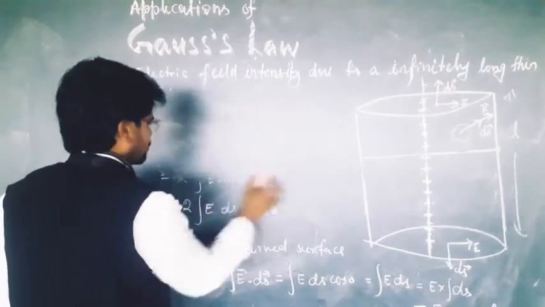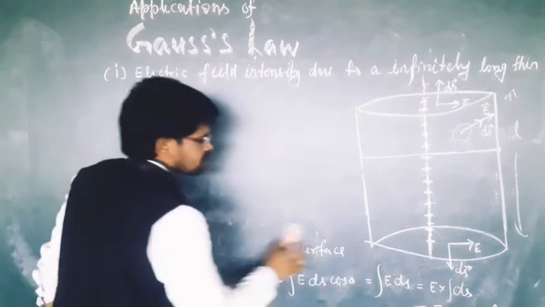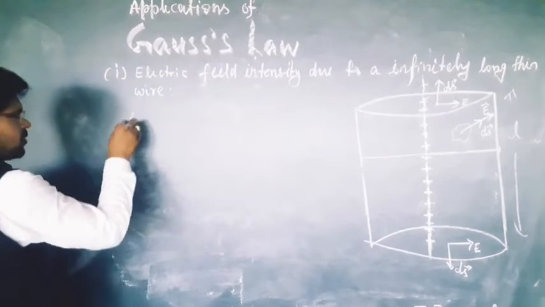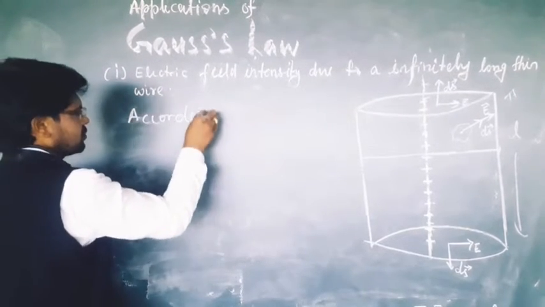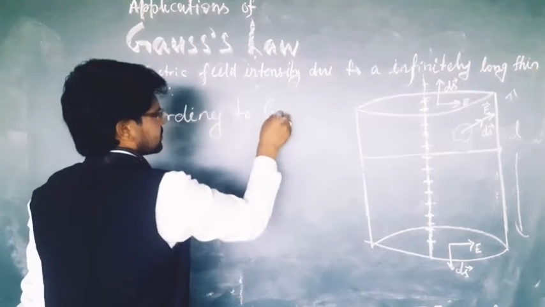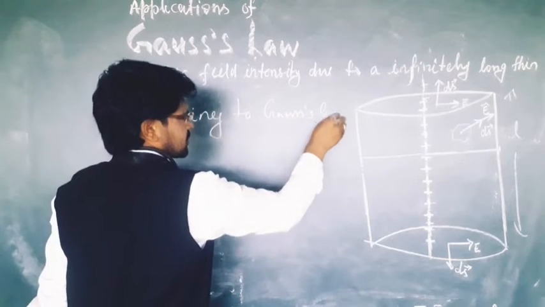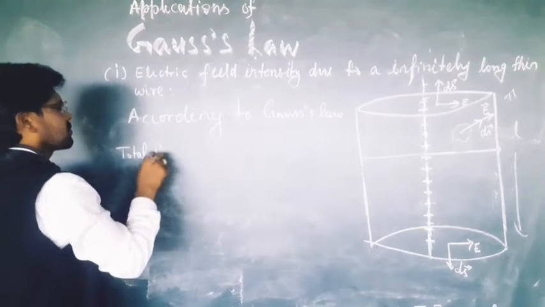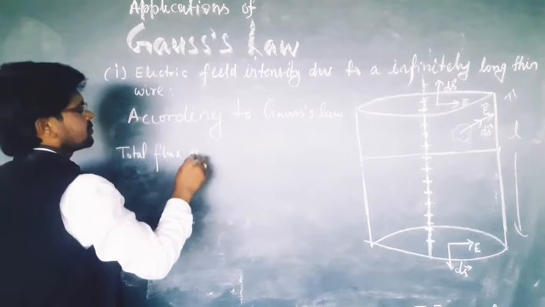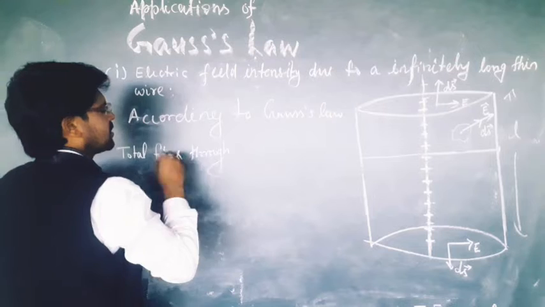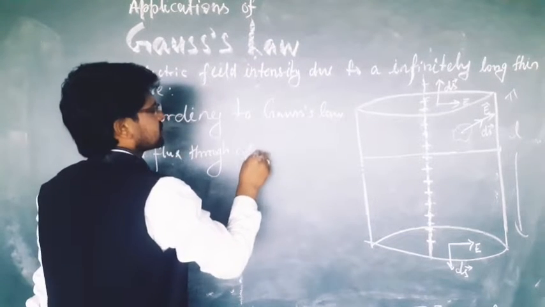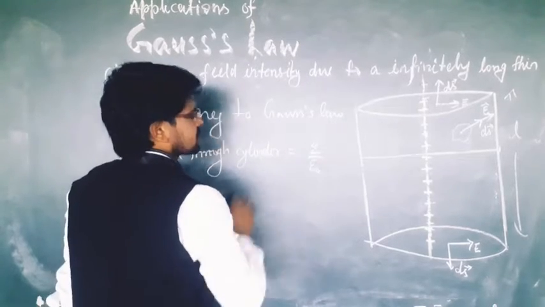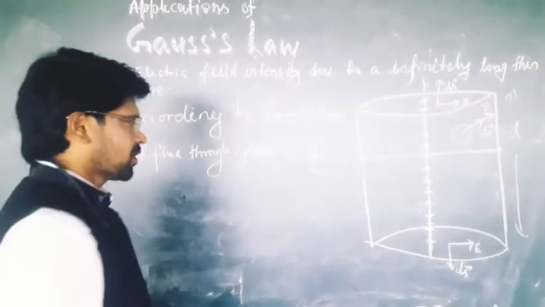Now we are going to calculate the total flux through the cylinder. According to Gauss law, the total flux through the cylinder will be equal to Q upon epsilon naught, and you know that the total flux through a closed surface is Q upon epsilon naught.